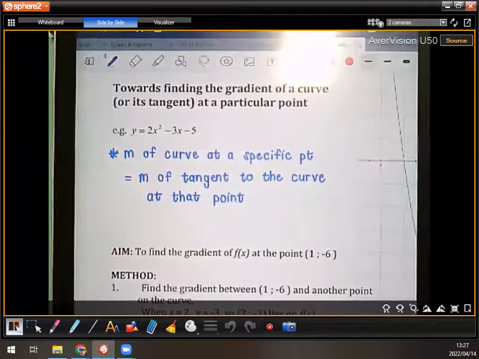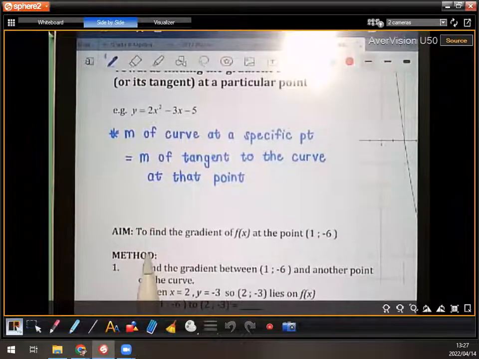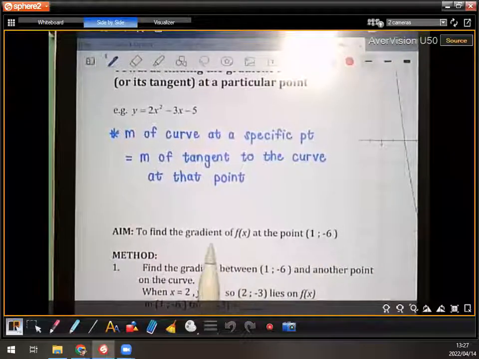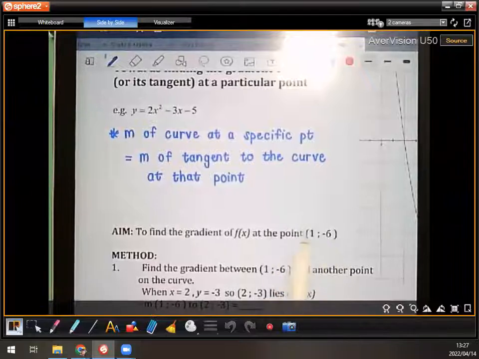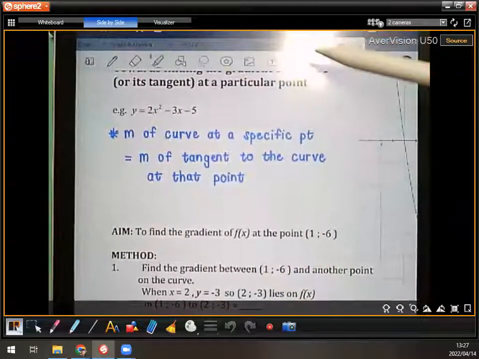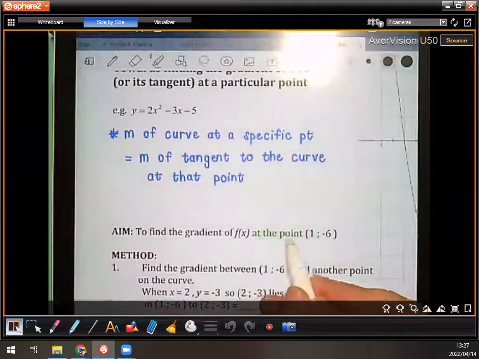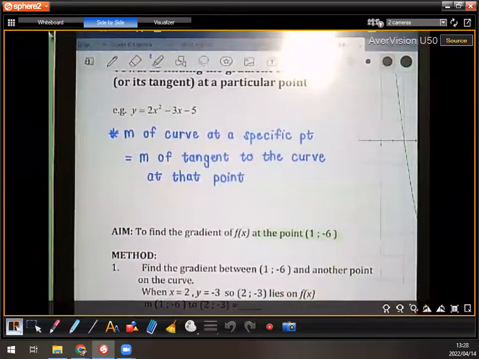And I suppose we can call this almost like an investigation. We have a certain aim on this page. The aim is to find the gradient of f, which they have drawn for you on the side here, at the point (1, -6). So now we're going to try and find the gradient of this curve at a specific point. If you want to, you can highlight that at the point (1, -6).